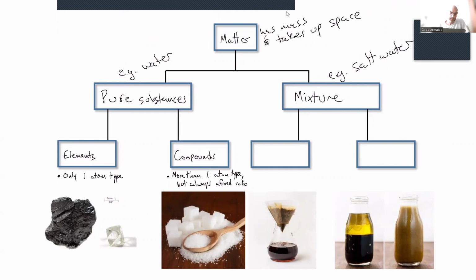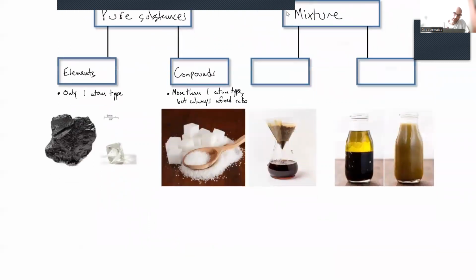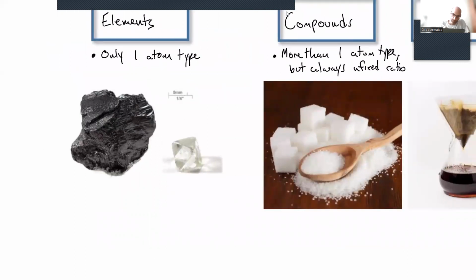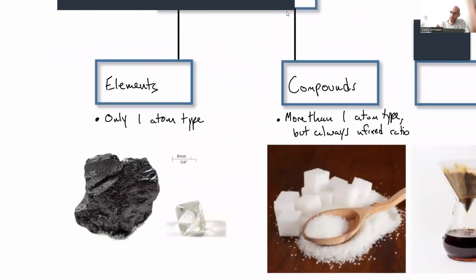All right, let's break it down a little bit more and take a look at elements as a whole. Gold is an element because it's the only thing present. O2, which is oxygen gas, is still only oxygen present. We're going to get into the periodic table, and it's going to be important to have one on you.